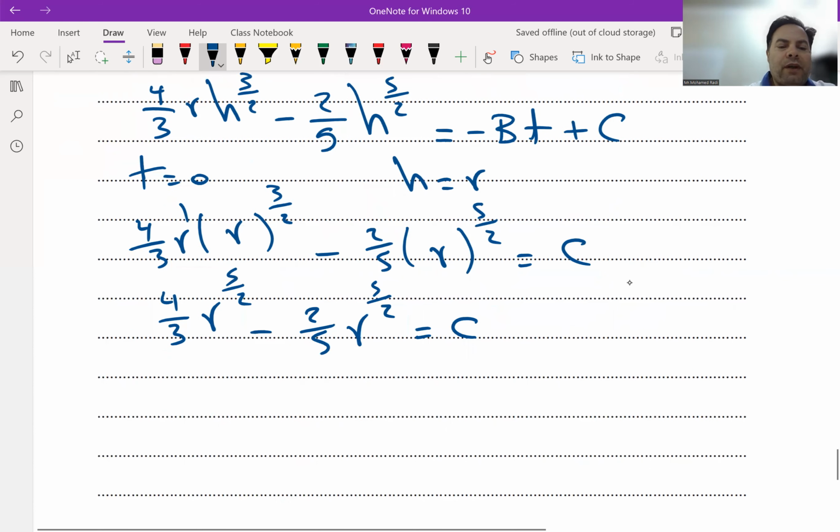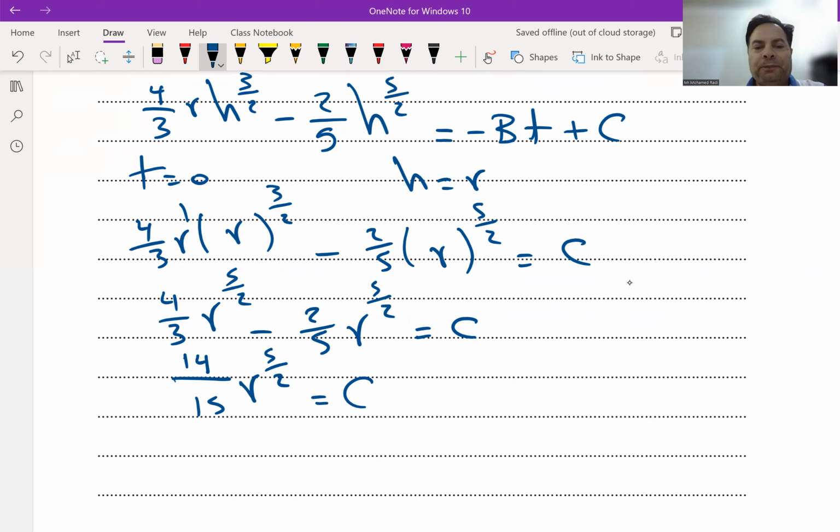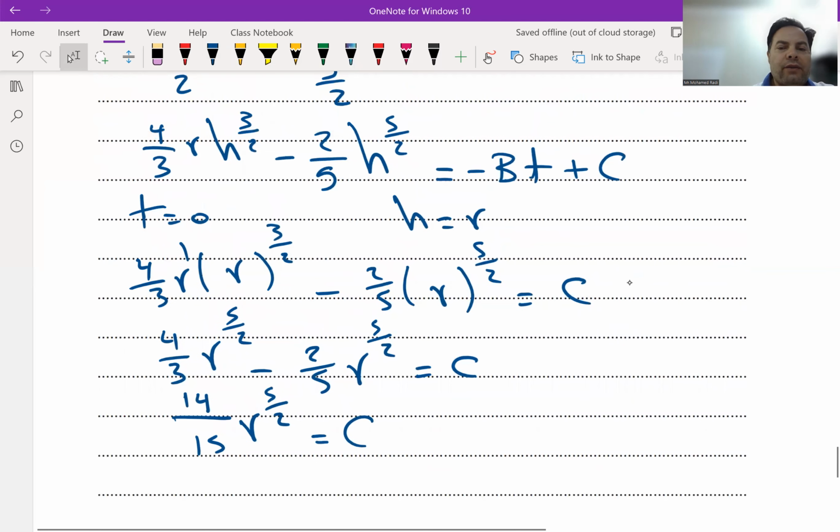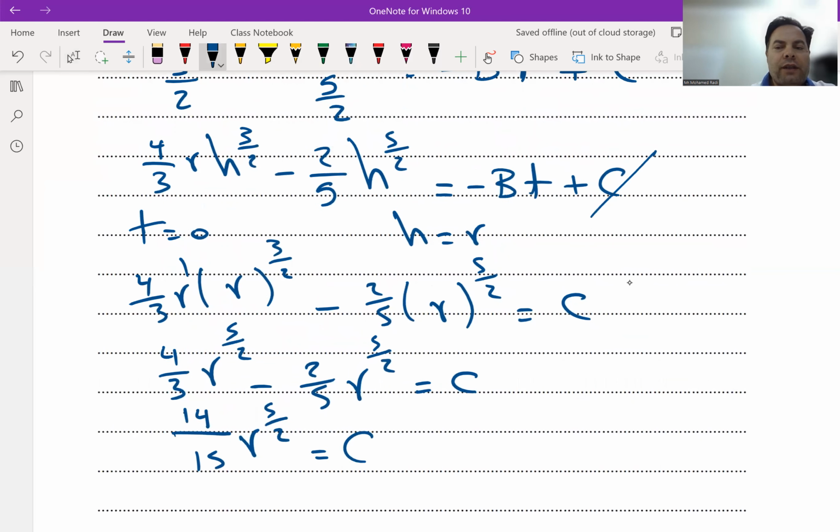Then simplify 4/3 minus 2/5, which will be 14/15, r^(5/2) is equal to c. Now we can remove c and write it: 14/15 r^(5/2).